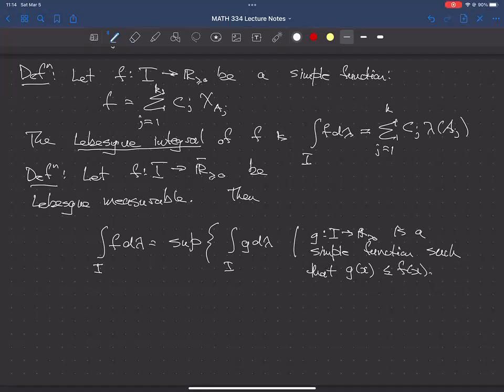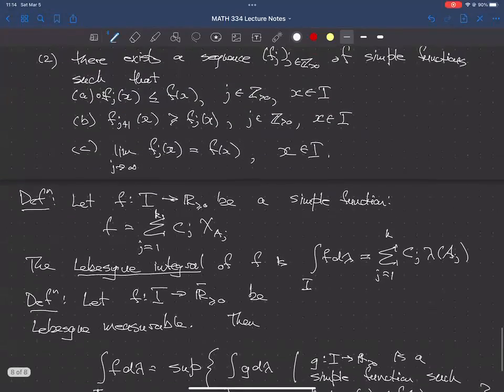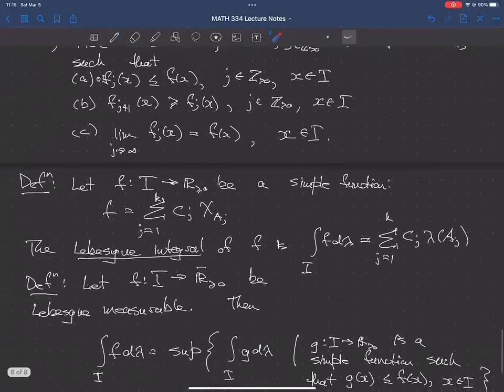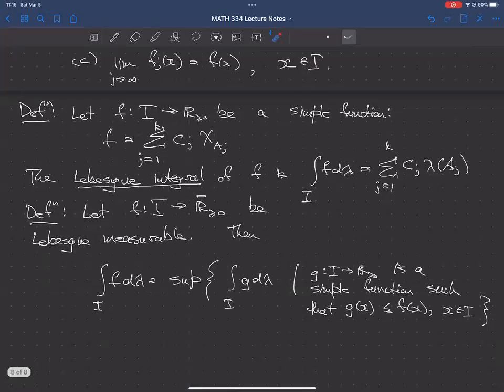Okay, and so I have in mind this characterization that measurable functions can be approximated by simple functions from below in this way. So I'm going to choose one such simple function g and calculate its integral, and then define the integral of f to be the sup of all such things.